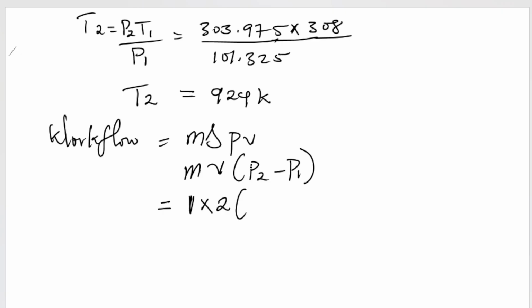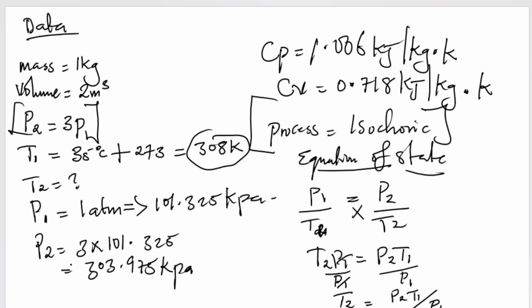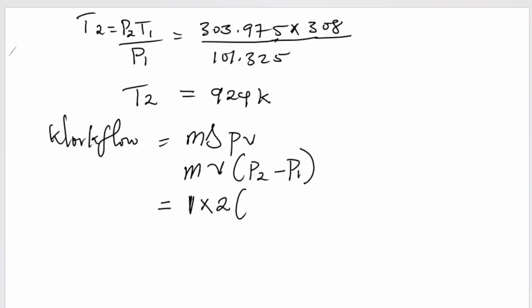Now what's our pressure? Our final pressure is 303.975, minus P1. P1 is 101.325. So what you simply do is you punch your calculator to get the flow work.